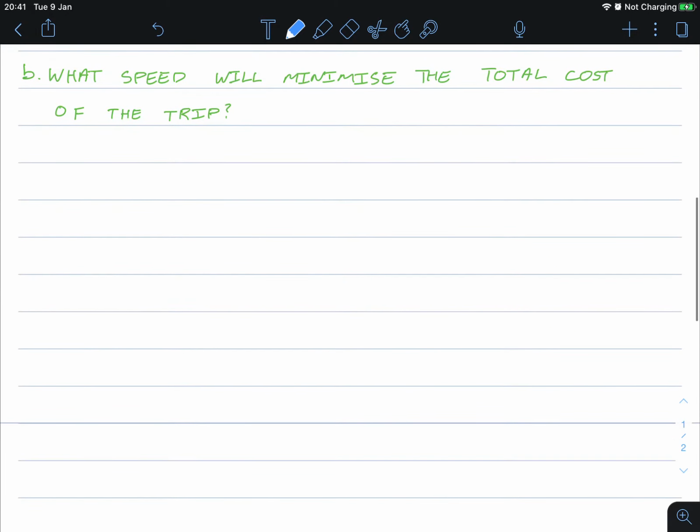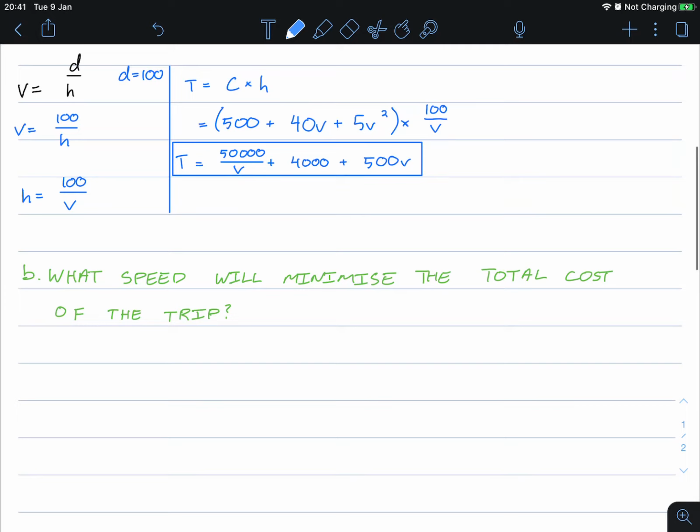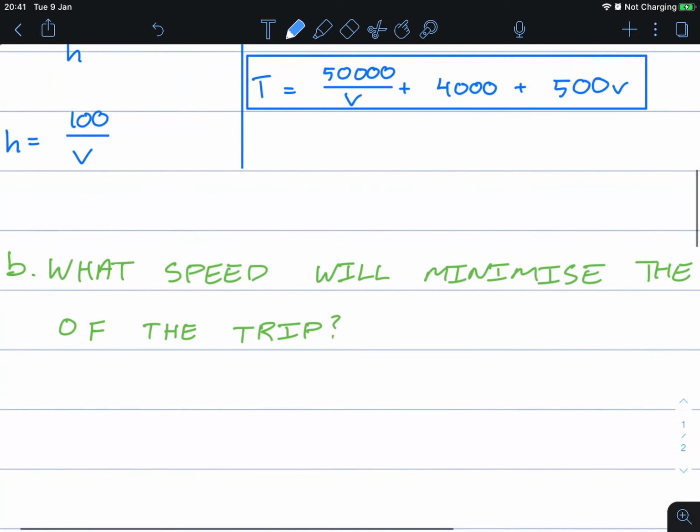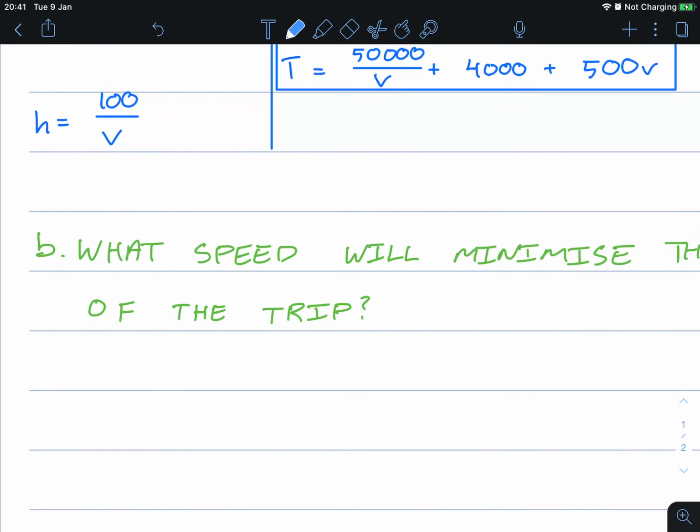Let's move right along. What speed will minimize the total cost of the trip? So we're getting once again to the calculus portion of these questions. Whenever we have to maximize or minimize an expression, in this case we need to minimize the total cost. So let's write this out.